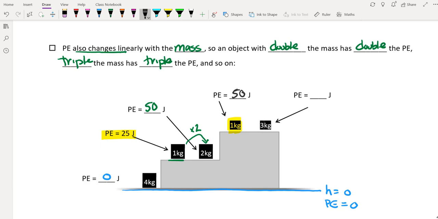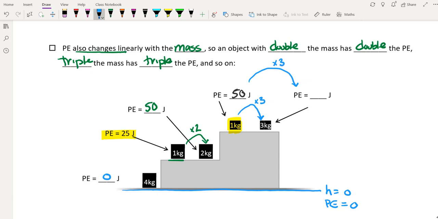Now, if instead of having the 1 kilogram box, we replace it with a 3 kilogram box, how much energy would that have? Well, that would be triple the mass, so that would be triple the potential energy.